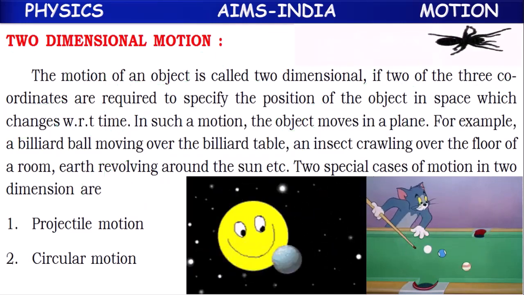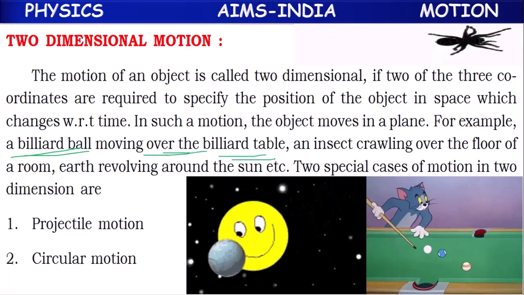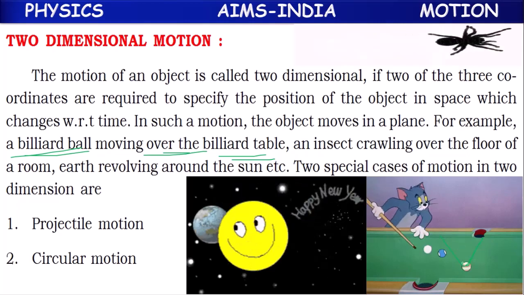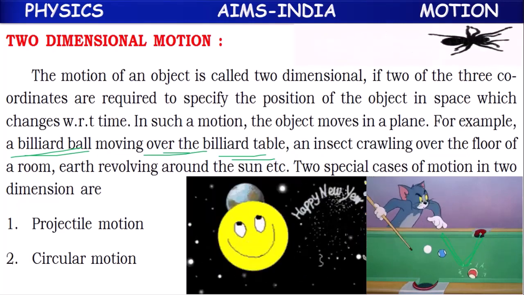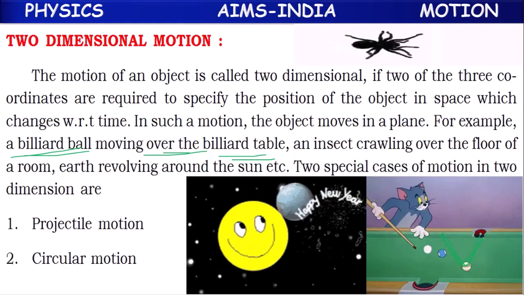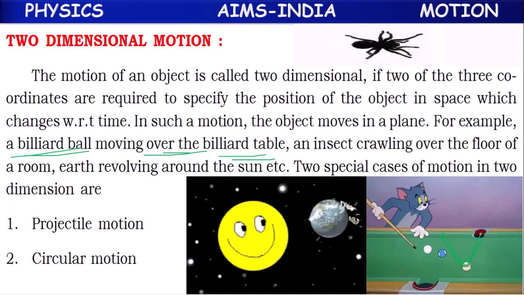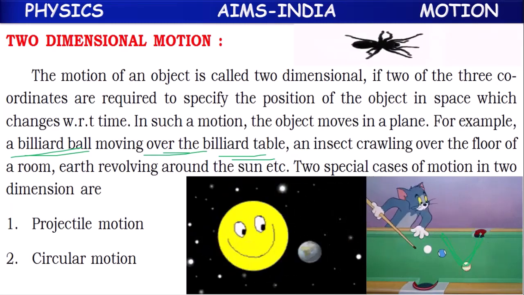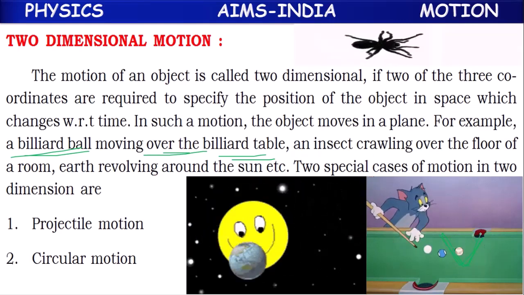So here, the billiard ball is moving over the billiard table. If you observe, the billiard ball is moving over the billiard table. It is an example of two-dimensional motion.